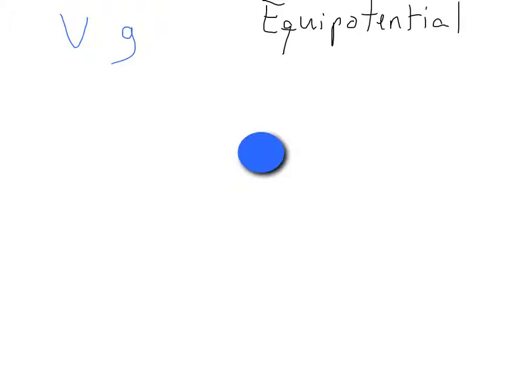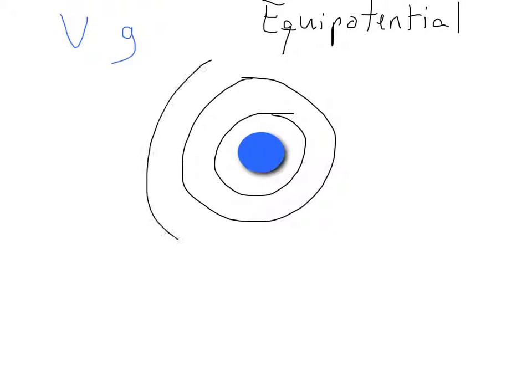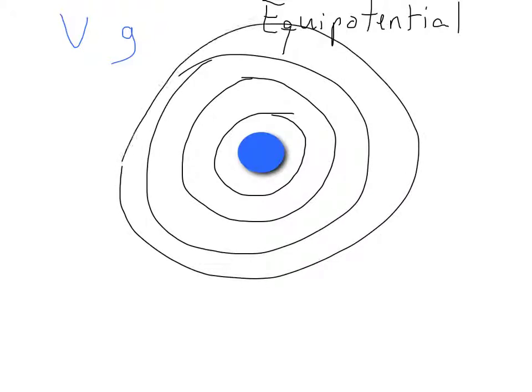Lines of equal potential, for example, around this guy, how are they going to look? Well, I'm sure you said it in your head: like circles concentric to this little mass here. Okay, the last one was not a circle, it was a potato. But you got the idea.